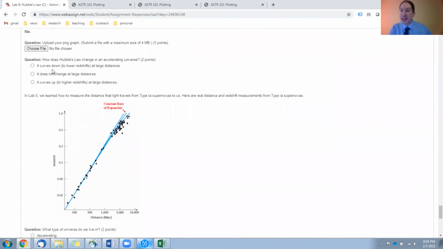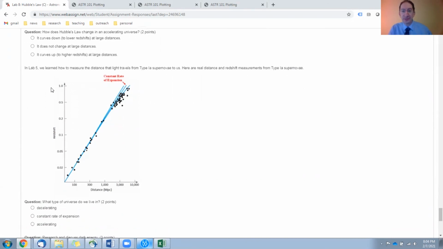Again, it curves down at large distances, it does not change at large distances, or it curves up at large distances. So, as I've already said, Hubble's law is different at large distances in a decelerating universe and an accelerating universe, and we can use that and measurements to determine what kind of universe we live in.